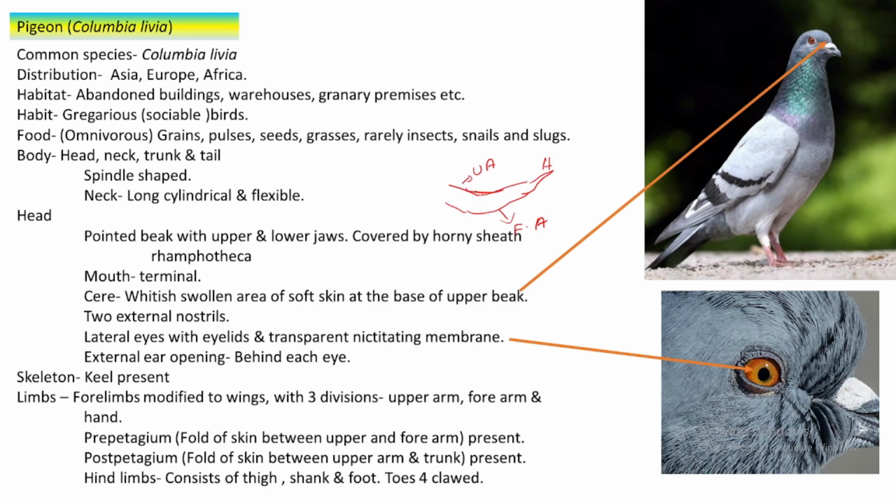That part of skin is called prepatagium, and postpatagium means that part of skin seen between the upper arm and trunk. Postpatagium. Okay. Then the hind limbs consist of thigh, shank, and foot. Toes, four, with claws. Okay, that's about its limbs.